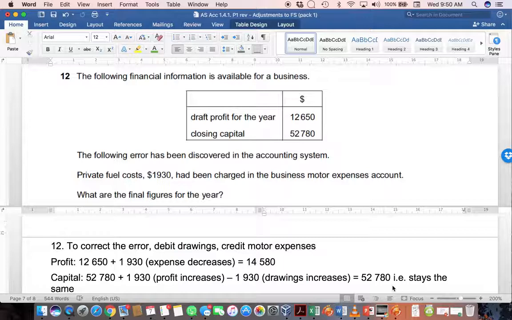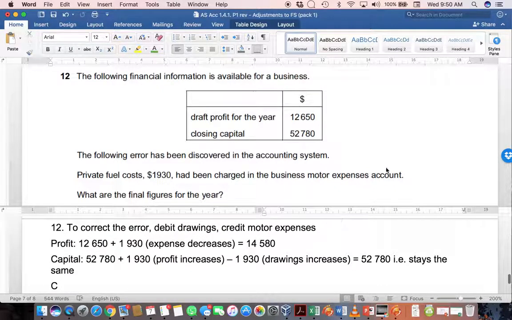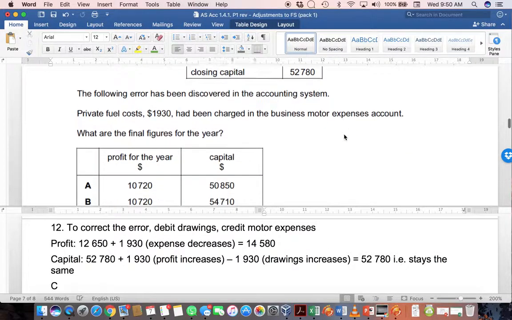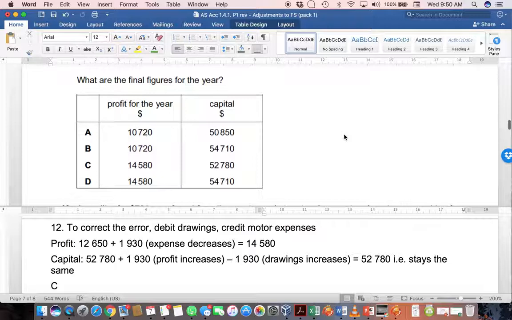I know it will feel very odd when you get this as your answer, and you may question yourself, but you are quite right, and this is why. You can then go and look for your answer of 52780 for the capital and 14580 for the profits, and there you can see your answer as C.